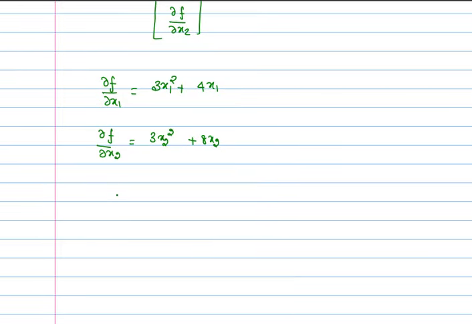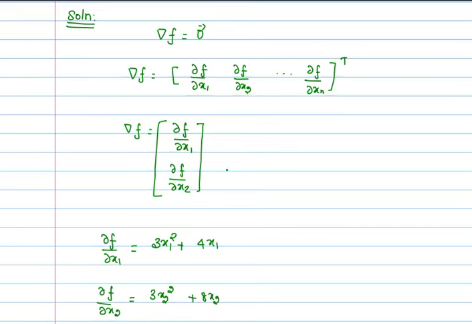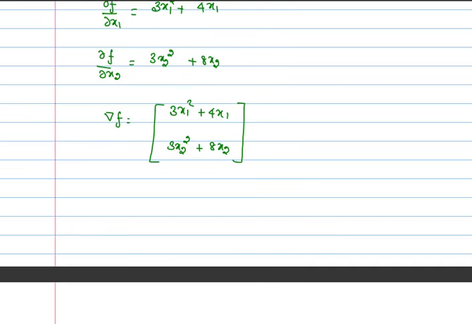So my gradient of f equals 3 times x1 square plus 4 times x1, 3 times x2 square plus 8 times x2. I set this equal to 0 to find the extreme points.